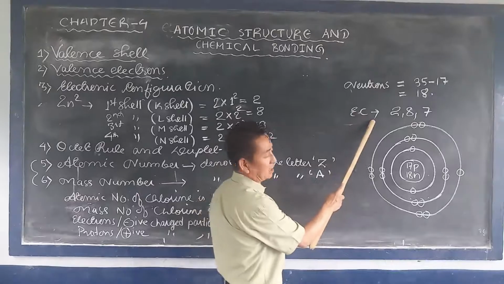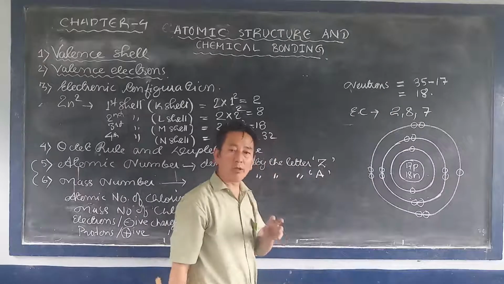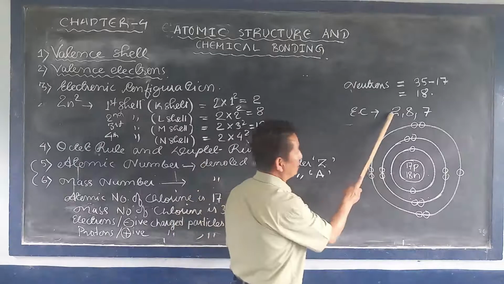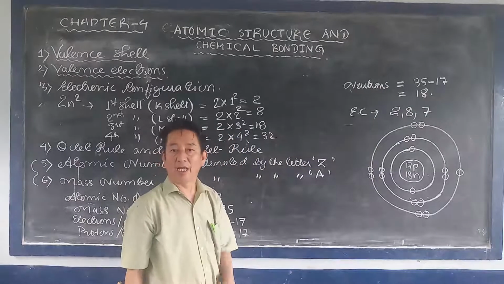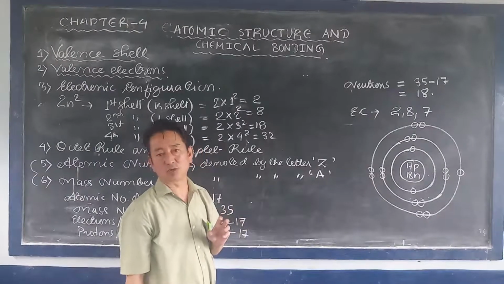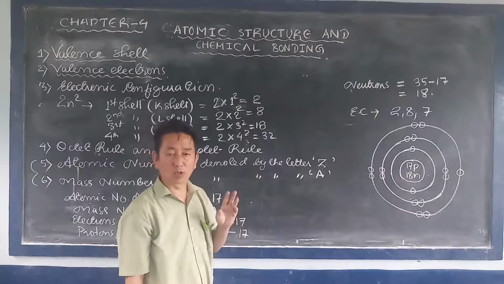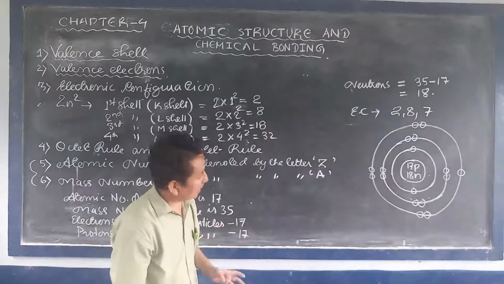So its electronic configuration is 2, 8, 7. Here the number of shells determines the period of an atom. Here 1, 2, 3 shells. So chlorine is an element of the third period, and the number of valence electrons of a normal element determines the group of an element in the periodic table.